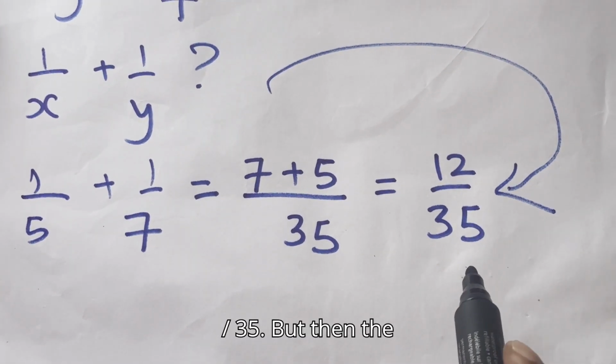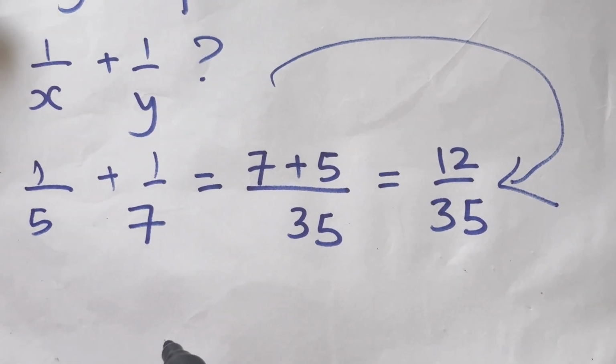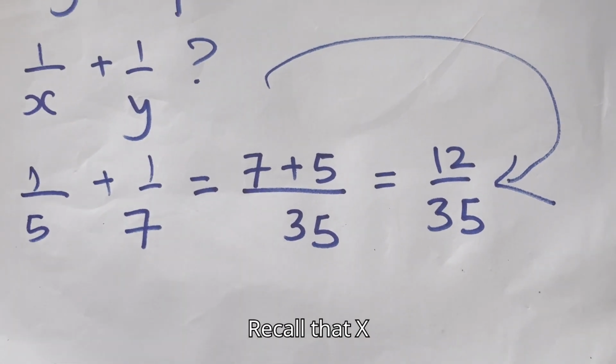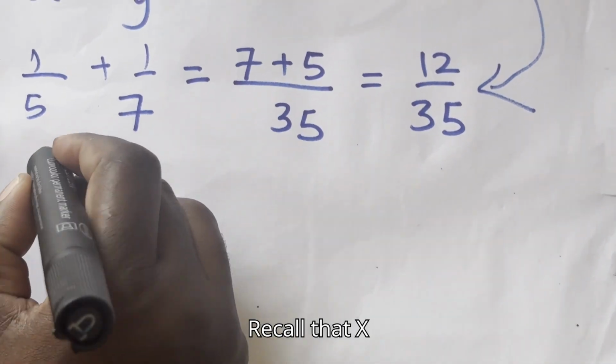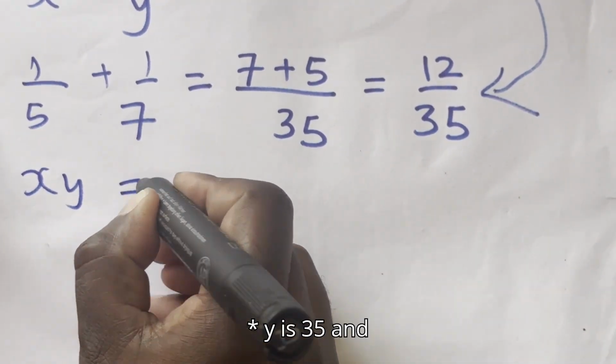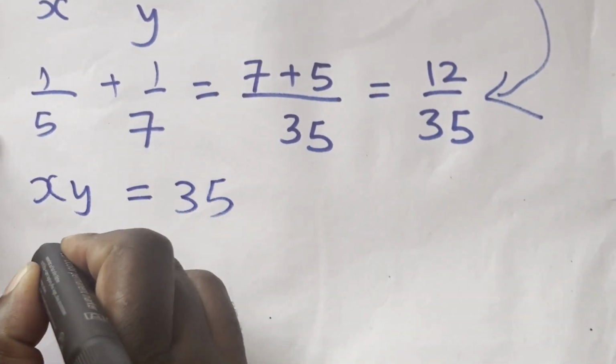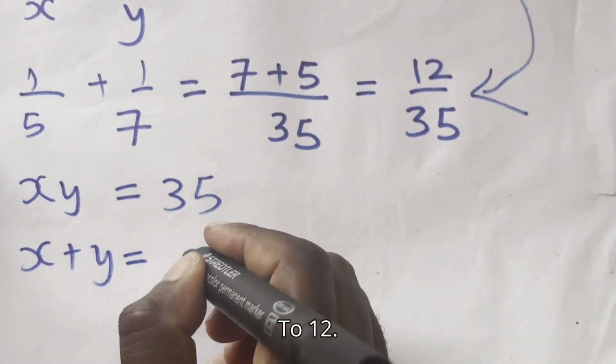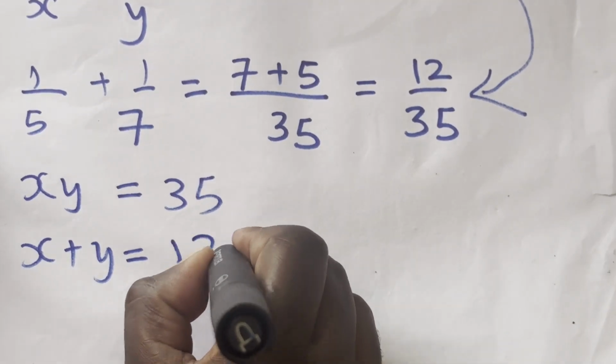But then the whole catch of this question is there was a much shorter way of doing this. Recall that x times y is 35 and x plus y is equal to 12.